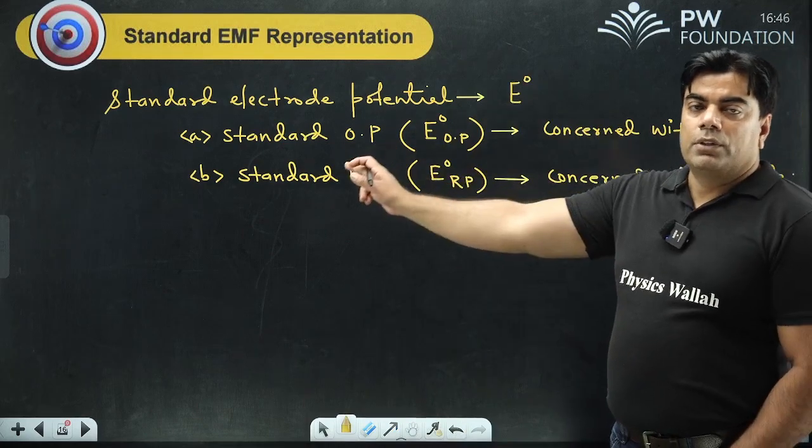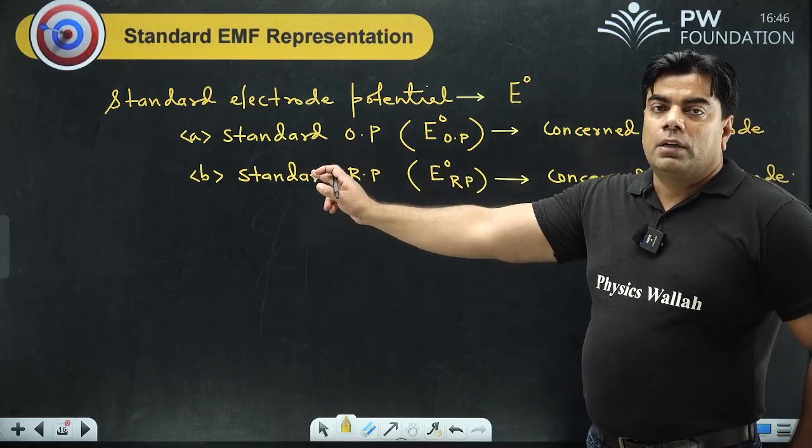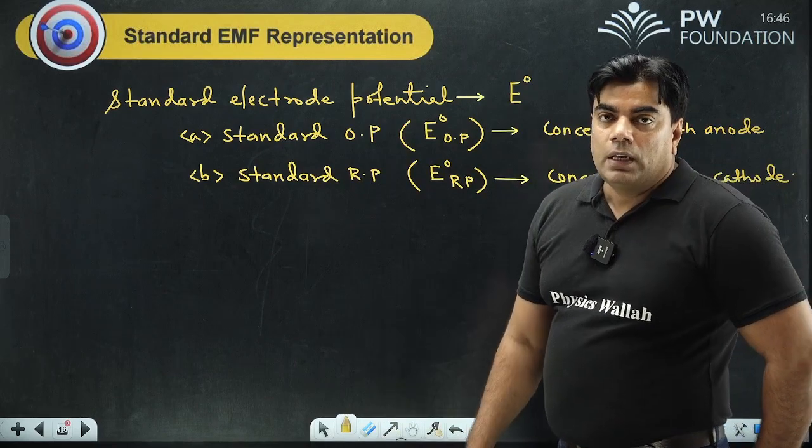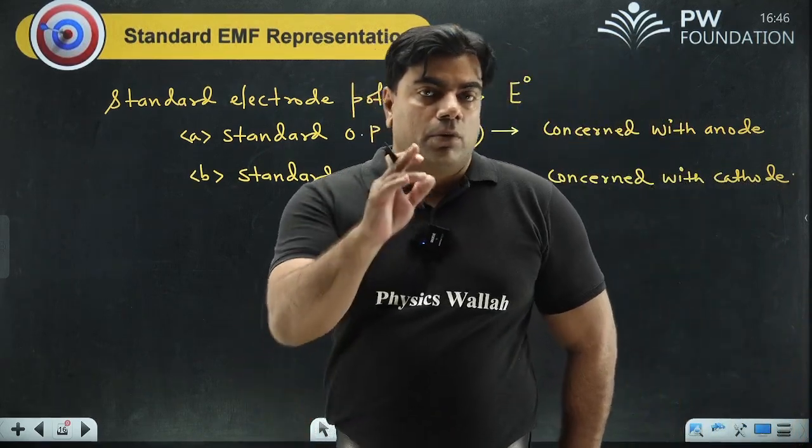By knowing the value of standard oxidation potential or standard reduction potential, we can calculate the standard EMF of the cell.